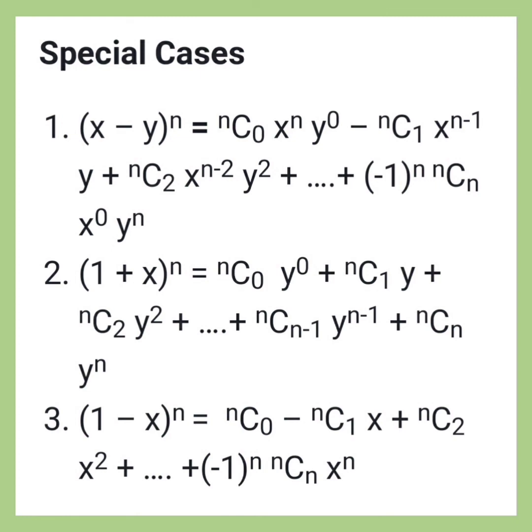Now the same thing with alternate signs in the case of (1 - x)^n: you will get nC0 minus nC1 x plus nC2 x squared plus etc., finally (-1)^n nCn x^n. So these are some of the special cases of the binomial theorem, and these cases will be highly useful while solving problems. Now we will be solving some more problems based on these principles, the tricks in the binomial theorem.